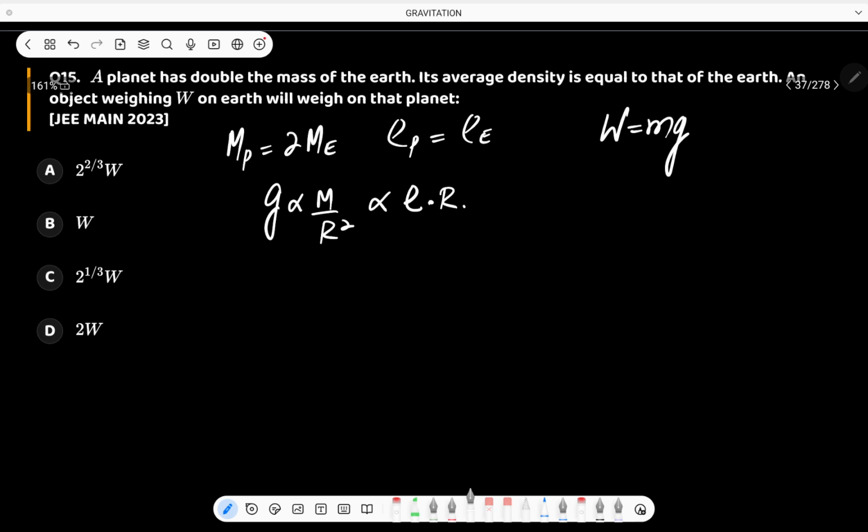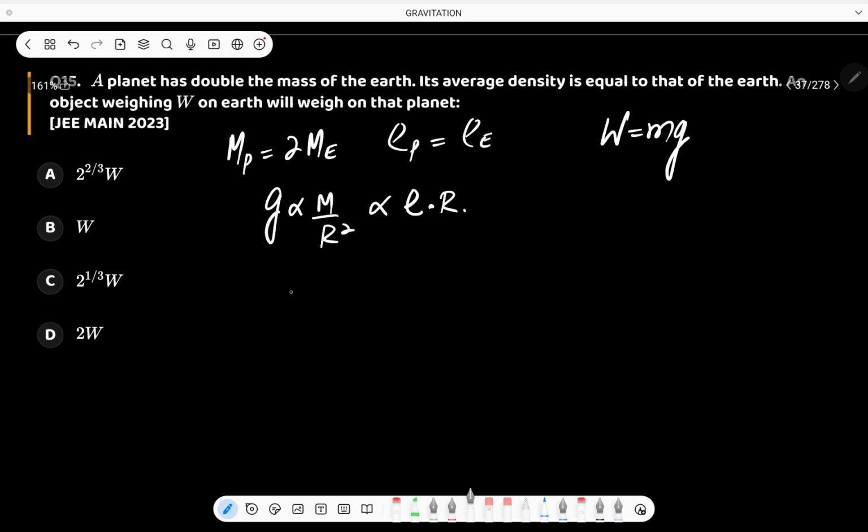Tell me one thing. What is density equal to? It is mass by volume, isn't it? Now can I write down that density is proportional to m divided by V, and V is in turn proportional to r cube, isn't it? Is this clear to you?